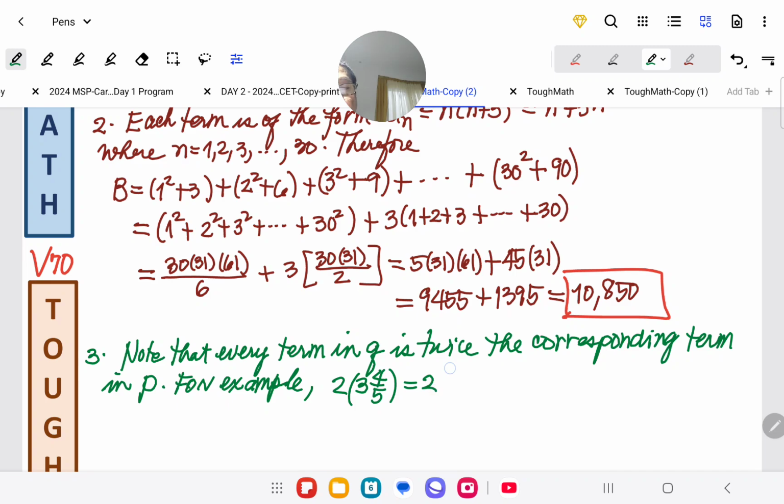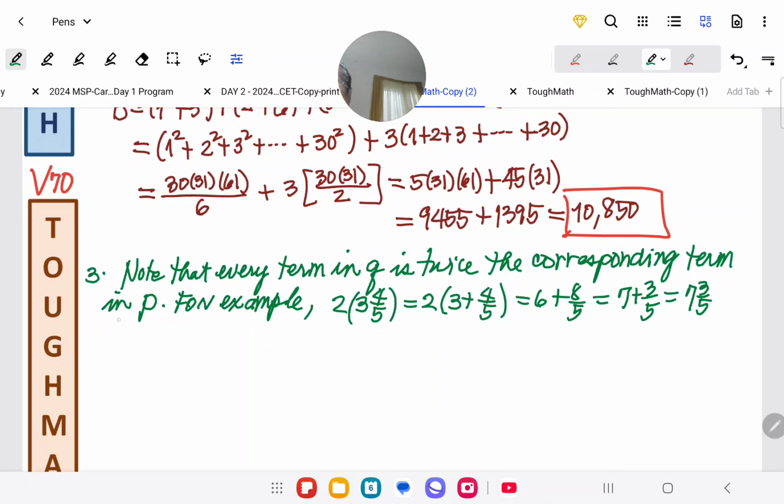This is 2 times 3 plus 4/5, which is equal to 6 plus 8/5, which is equal to 7 plus 3/5, or simply 7 and 3/5. Okay.